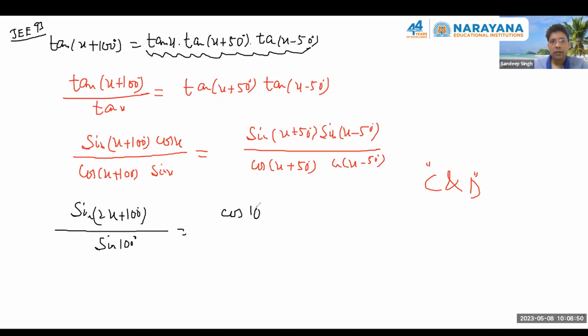So cos of 100 दिख रहा है मुझे, है ना? और इधर आ जाएगा cos of 2x, I think with minus cos. So this will be the value. अब मुझे क्या करना चाहिए?